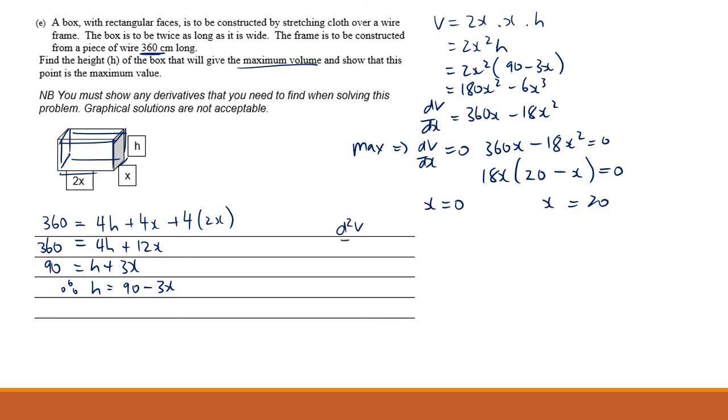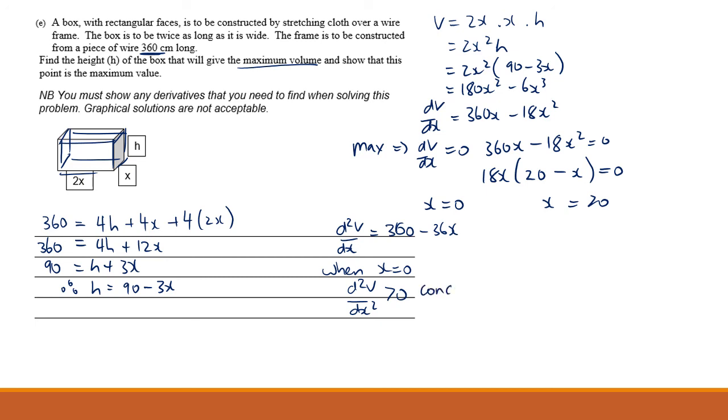We differentiate a second time. The second derivative is 360 minus 36x. So when x equals 0, d squared V over dx squared is going to be, well, positive, isn't it? Doesn't matter what it is, it's just important whether it's positive or negative.